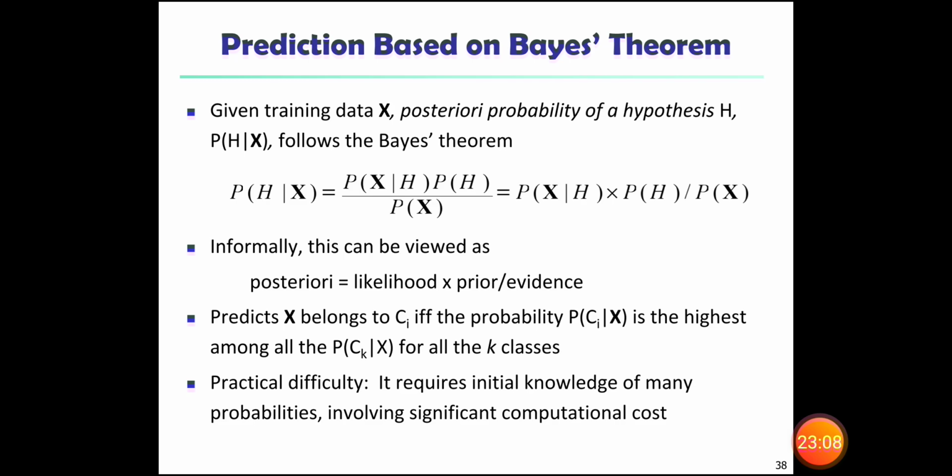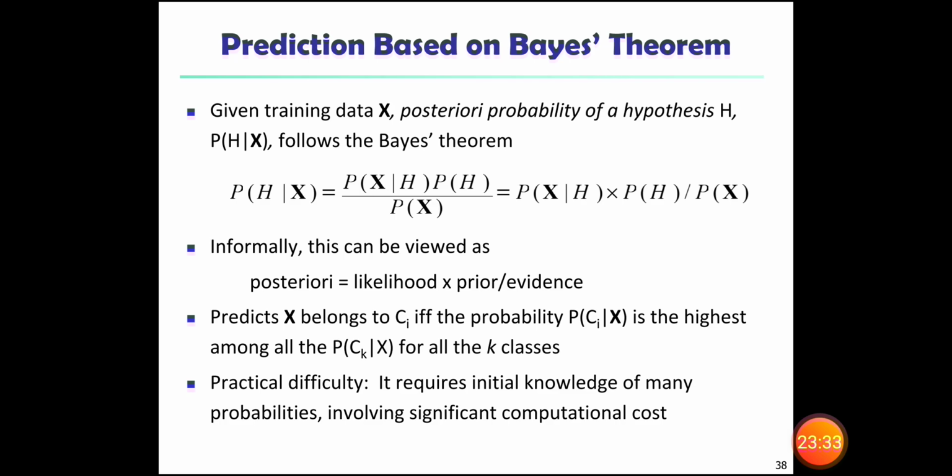So informally this can be viewed as posterior equals likelihood times prior divided by evidence. Here X is predicted to belong to Ci if the probability P(Ci|X) is the highest among all the P(Ck|X) for all the K classes.